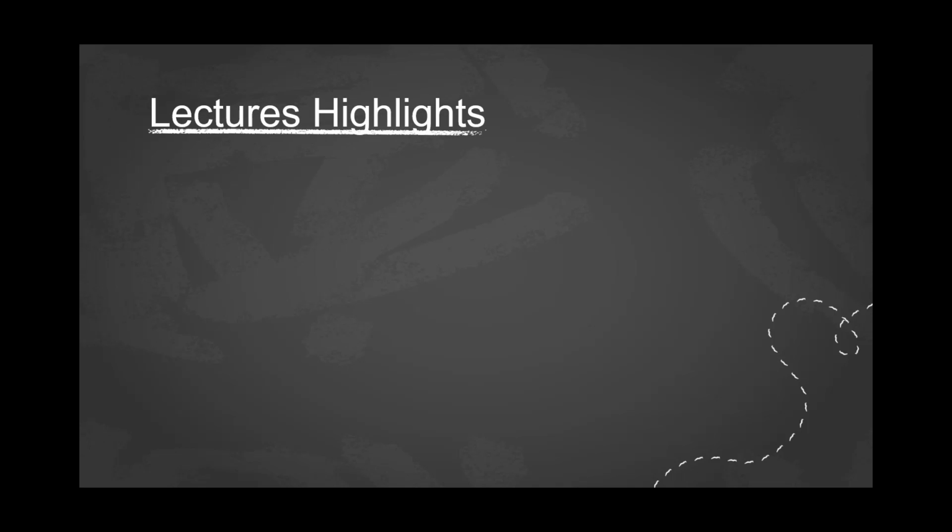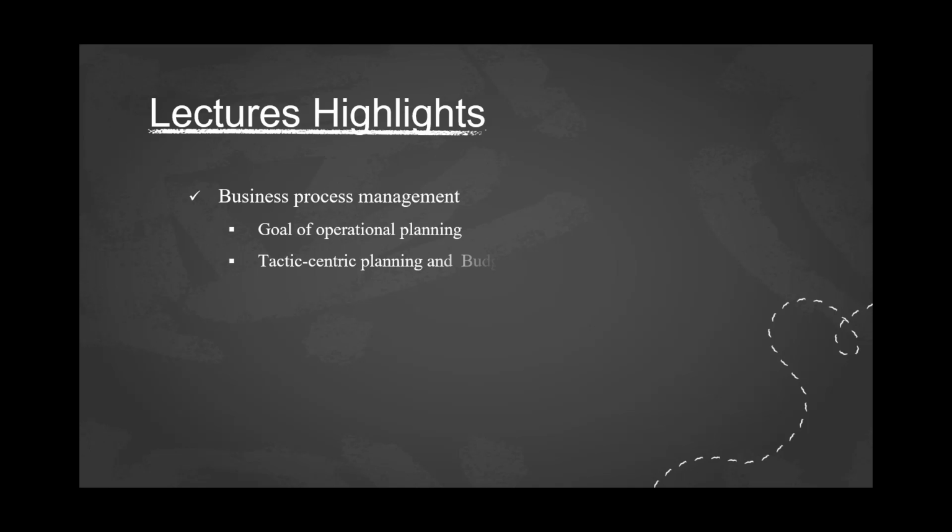So that was our today's lecture. Let's wrap up what we have discussed today. We opened our discussion with the second process of business process management, that is plan. We discussed the goal of operational planning. We also explored what is tactic-centric planning and budget-centric planning. We also explored the primary goal of financial planning.